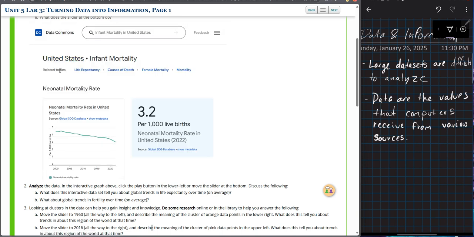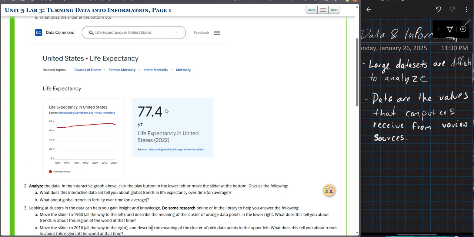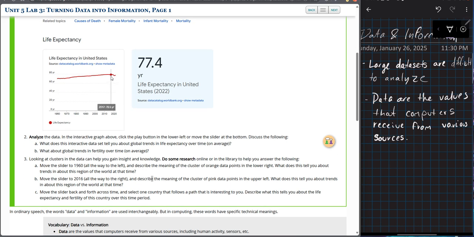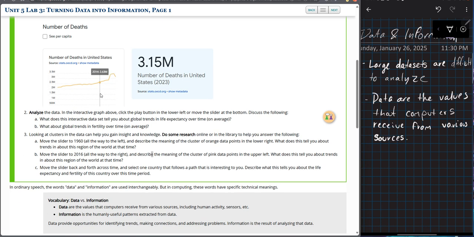You get all these lines, and you're like, what do they mean? And for example, that life expectancy one, what does this dip right here mean? Why does it lower? Or I saw this one right here. Why does the line go like this? What does this mean, right?